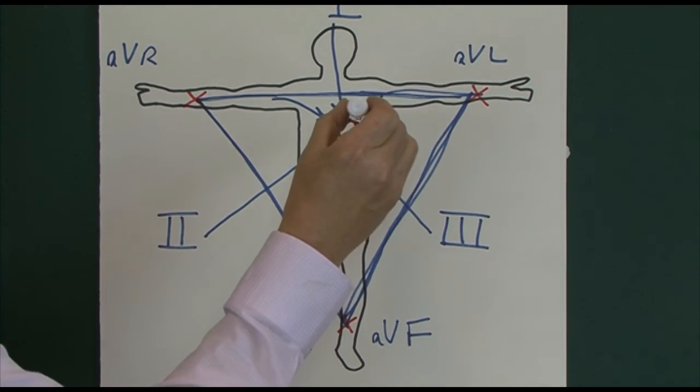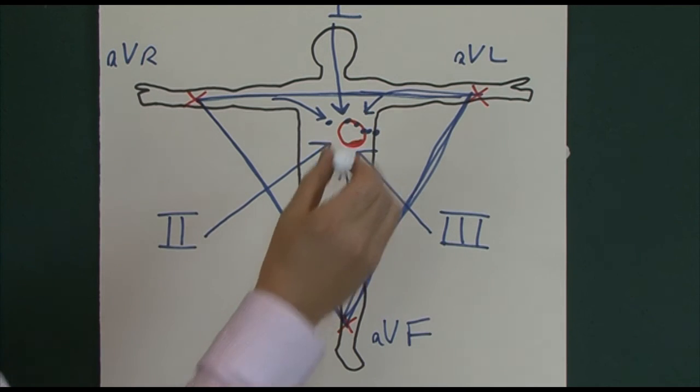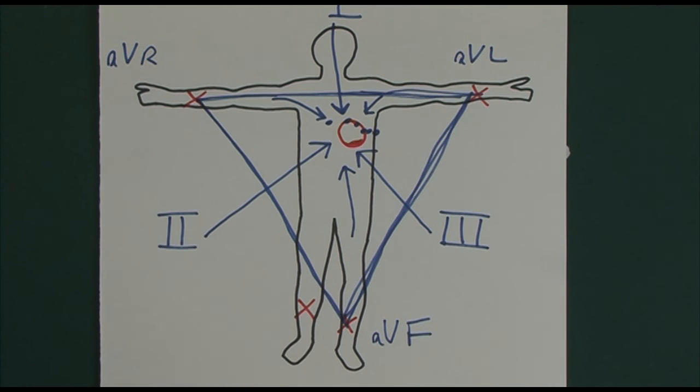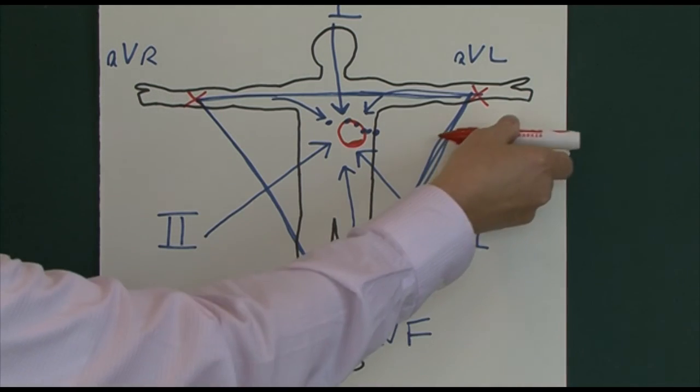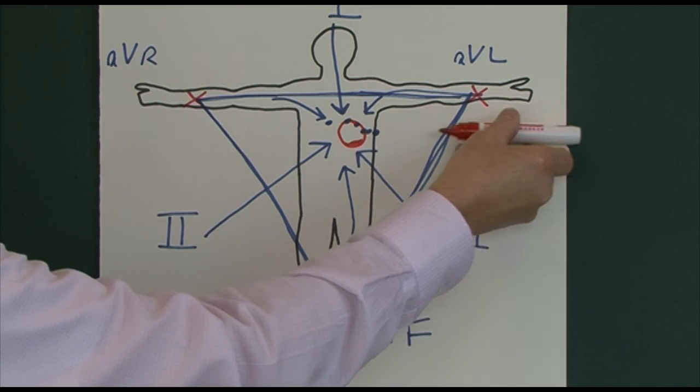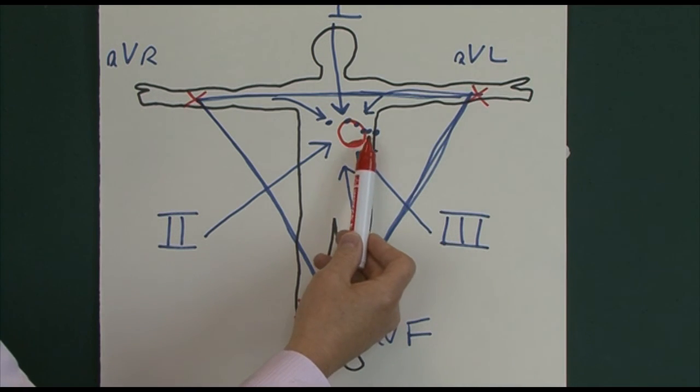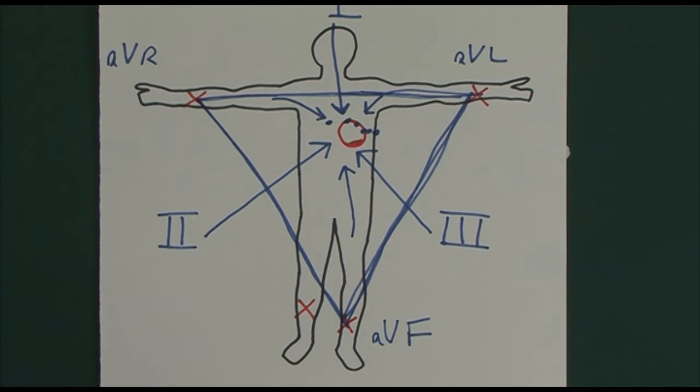They're looking in that way. So if there's an anterior infarction, we'd expect to see that on leads V1, 2, 3, maybe 4. If there's a lateral infarct on the side of the heart, we'd expect to see that looking from the side, and the leads that look from the side are particularly V5 and V6.